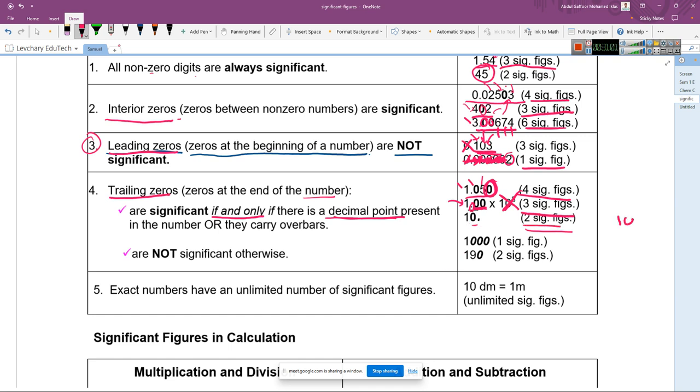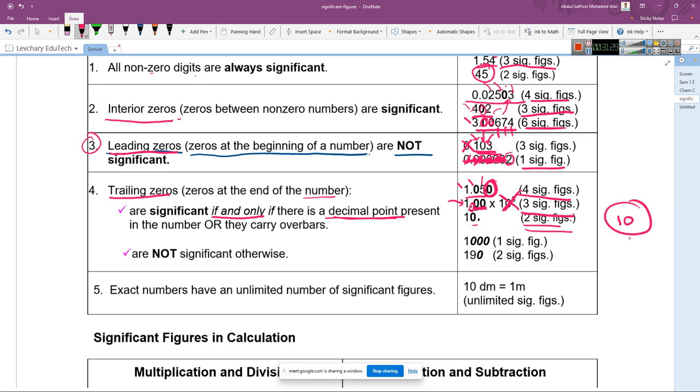But if you have merely 10, how many significant figures do we have here? We have only 1 significant figure. Why? Because here we do not have a decimal point.